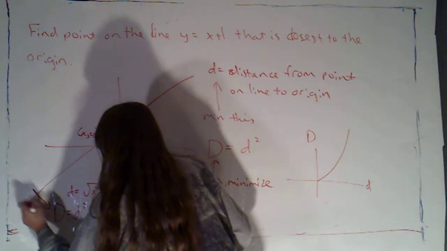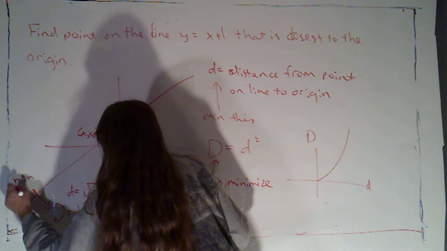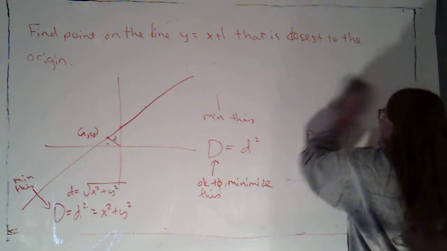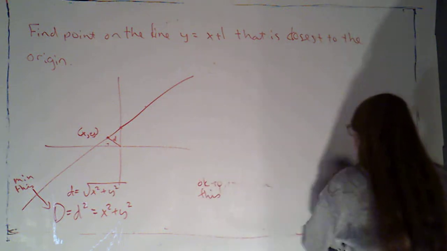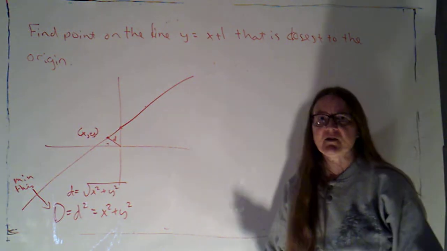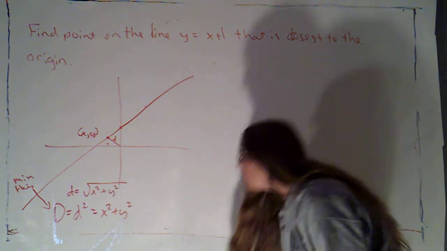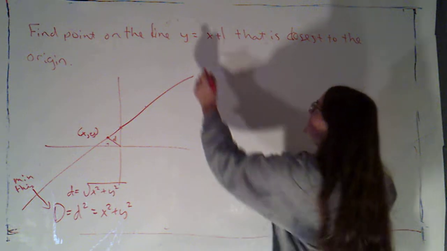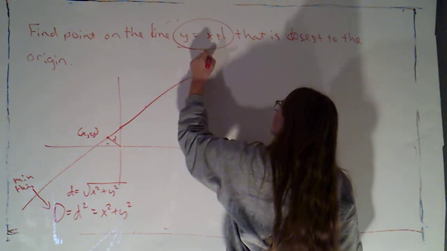So I'm going to make a note. I want to minimize this. And then I want to say, what is my constraint? Well, I wasn't just trying to find the point that's closest to the origin, because that would be the origin. I was trying to find the point on the line that was as close to the origin. So the constraint is this right here.